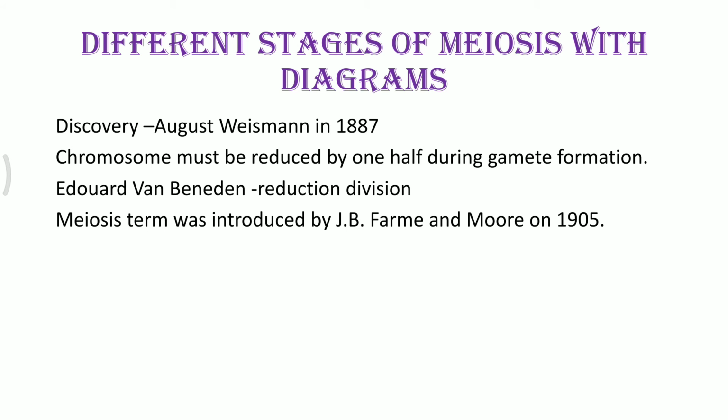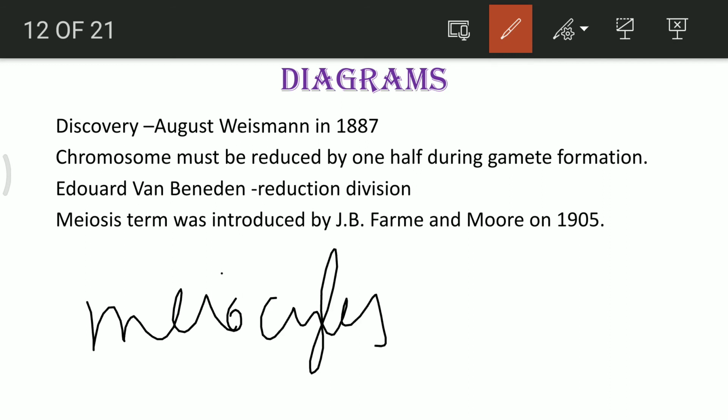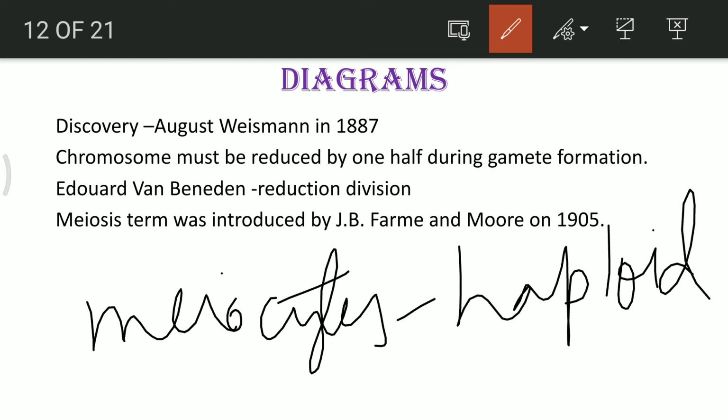We have an idea what meiocytes are. Meiocytes are not diploid cells, they are the haploid cells which are formed as a result of meiosis. So all the oocytes, spermatocytes, or sporocytes are formed with the help of only this process, that is meiosis.